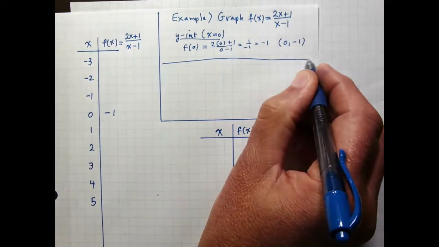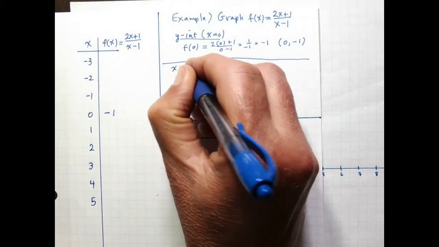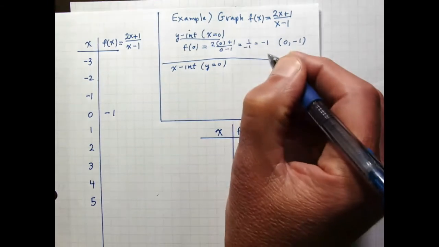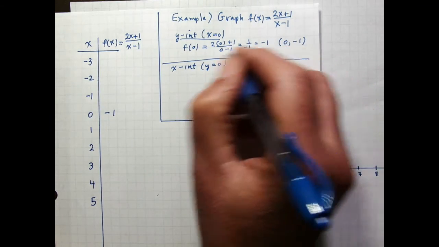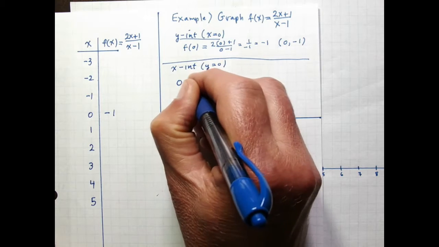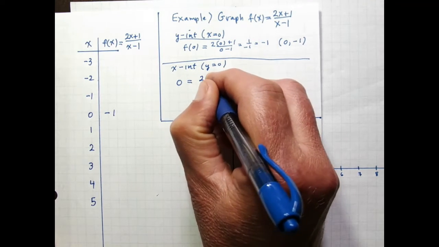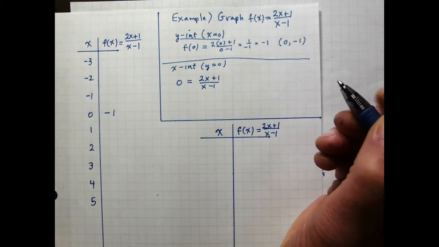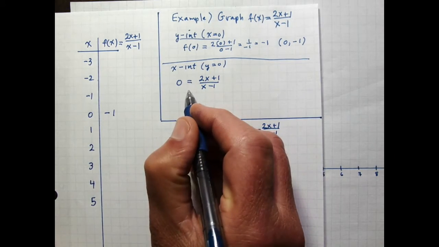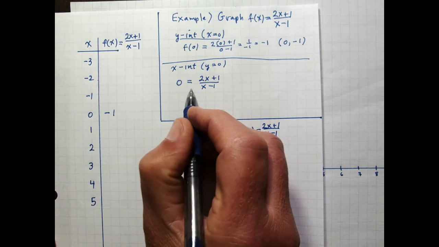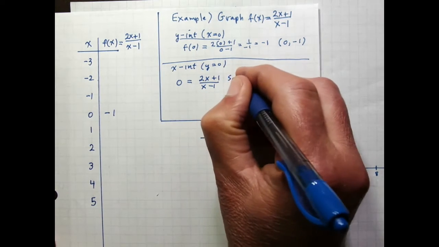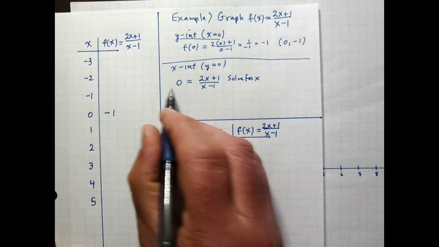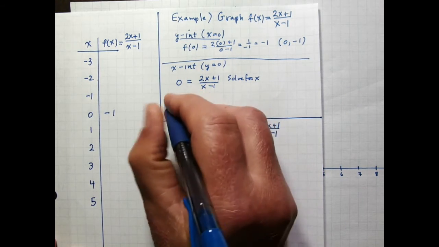We can also see if there's an x-intercept by setting y equal to 0, or setting the function equal to 0. We set 0 equal to (2x plus 1) over (x minus 1). To solve for x, I'm going to multiply both sides by the denominator.